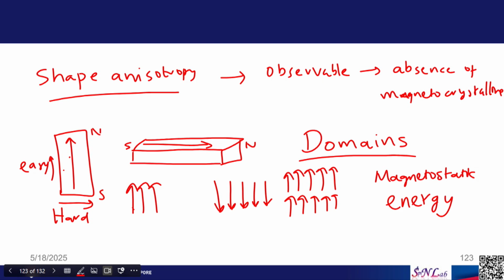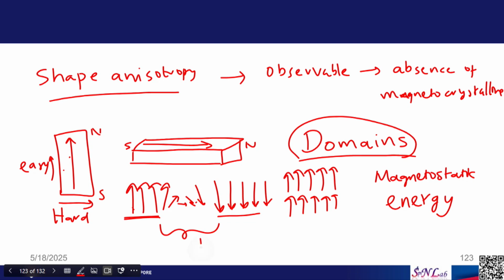The system will also form domain walls. A domain wall is the region where the spins gradually change direction from one domain to the other.